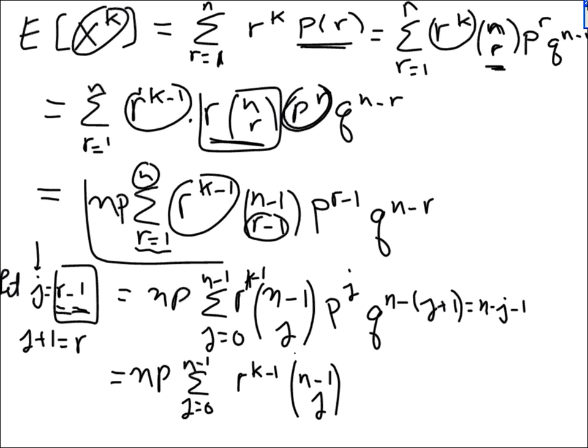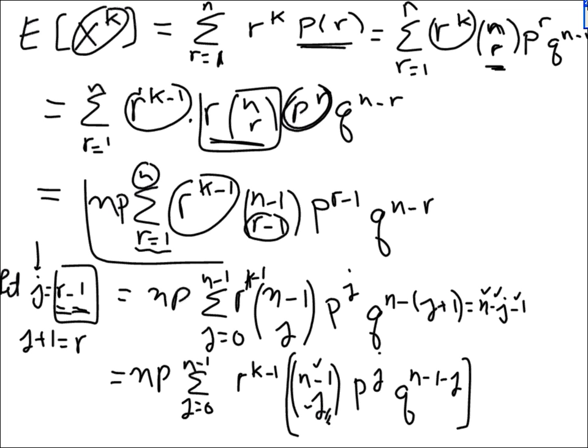Now, let's look at all of this. This here is going to be binomial because I have p to the j, and then I have 1 minus p, if you prefer, to the n minus 1 minus j. Let me write it that way.